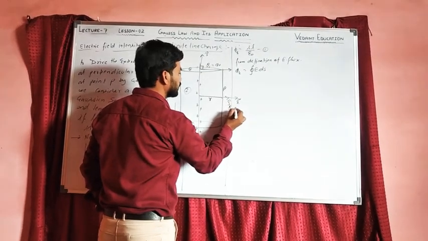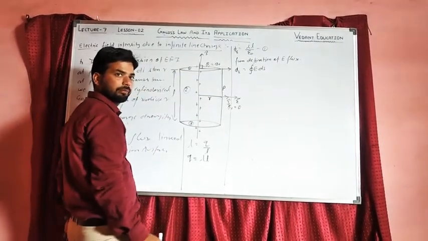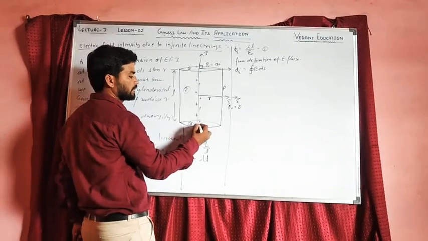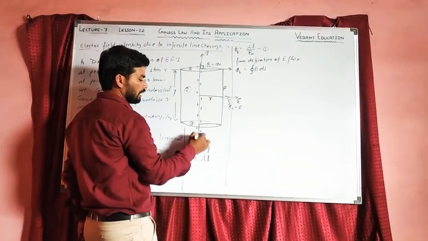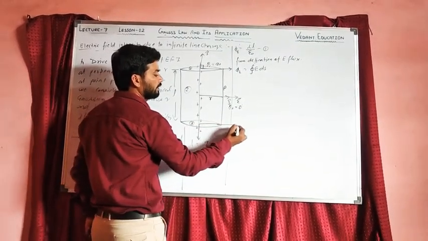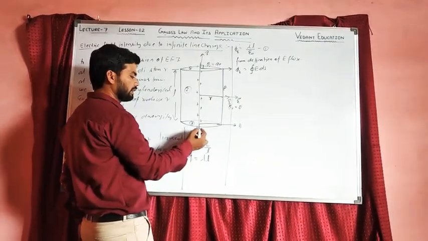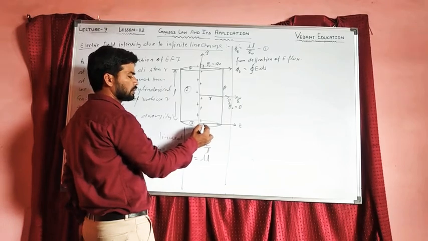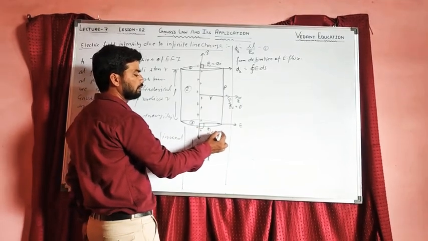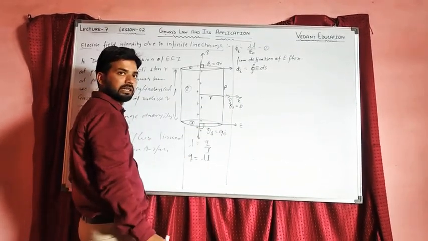So here theta 2 equals 0 degrees. This is the second portion of the surface area. Third, here the direction of the electric field is this, and the area vector will be in this direction. So angle theta 3 will be 90 degrees.